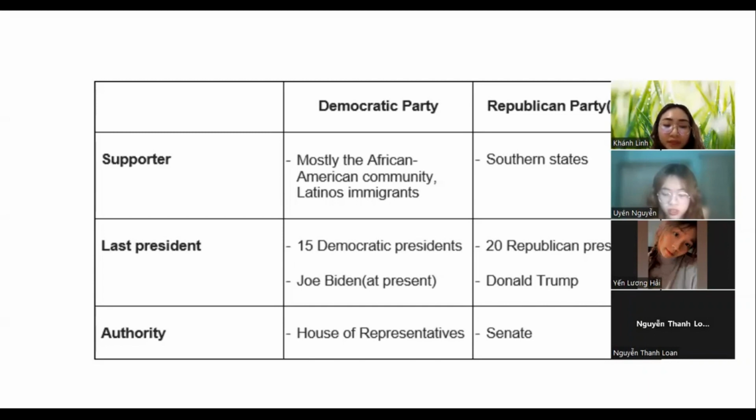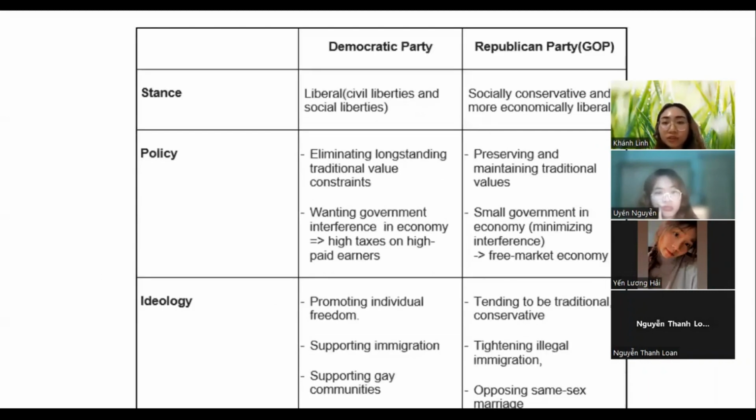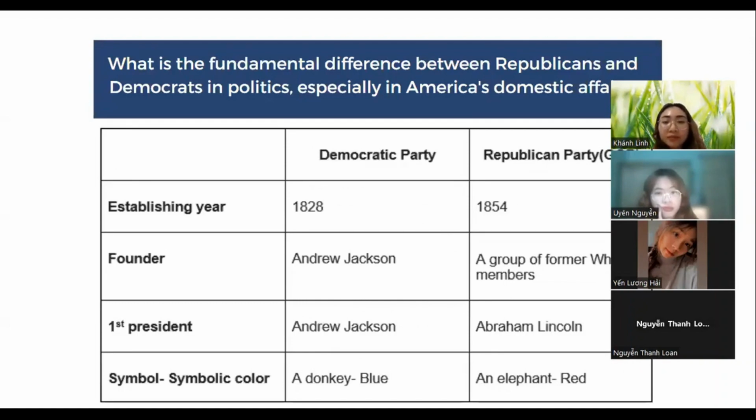There have been 20 Republican presidents, most noteworthy Abraham Lincoln. He was instrumental in abolishing slavery in America in the 19th century. So that's all the difference I want to introduce to you between the Democratic Party and the Republican Party.